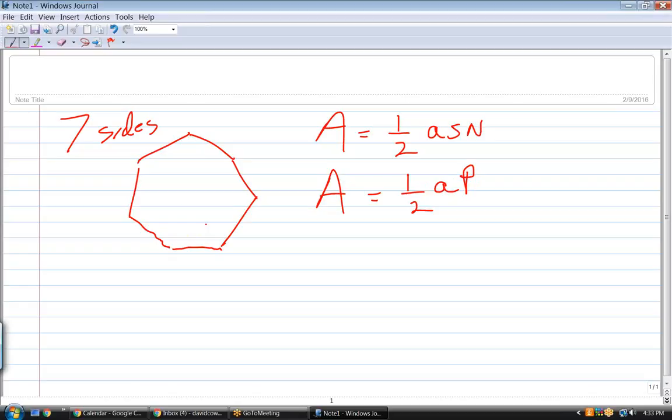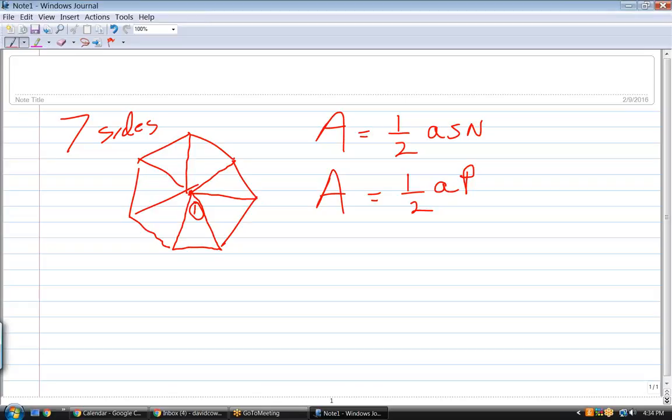Okay, so let's talk about the Apothem. First of all, on every regular polygon, we can draw as many triangles as there are sides. In other words, if I connect the center to each vertex, I get 7 triangles. What's angle 1? What's its measurement? Are all 7 of those angles the same?